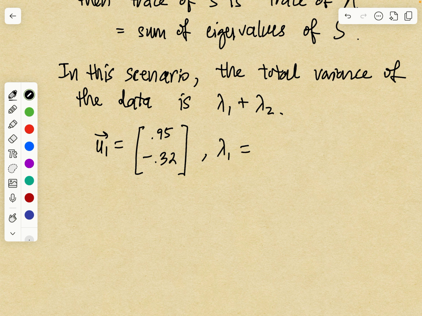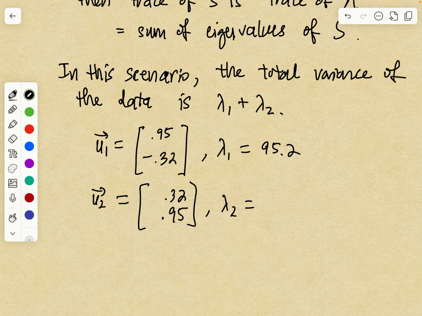And lambda 1 is 95.2. And u2 is (0.32, 0.95), as we would expect, because these are orthogonal. And lambda 2 is 6.8. So the total variance is 95.2 plus 6.8, which is equal to 102.